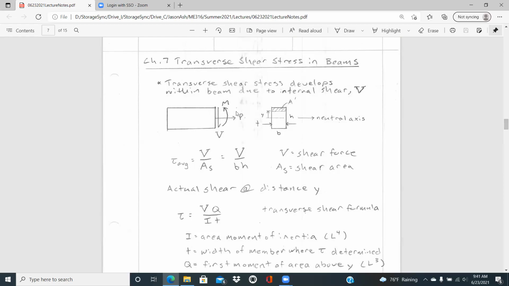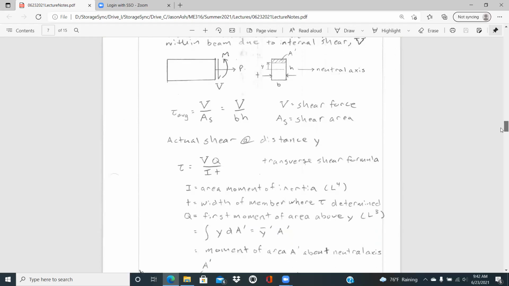But what we'll find is this is a non-uniform shear stress that develops. And so this is not accurate looking at that as an average shear stress. And so we'll take you through and show you that reason why.